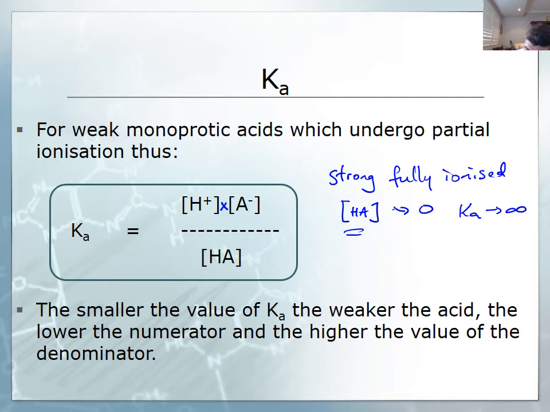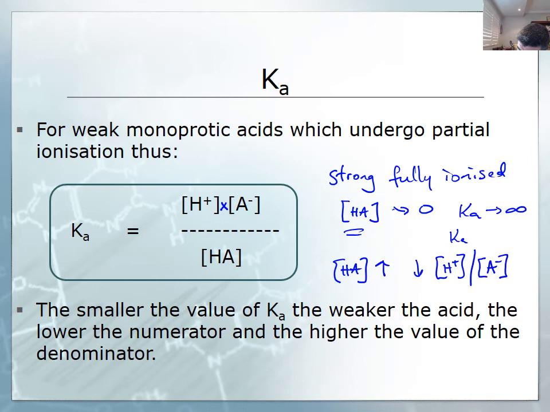Of course, if the value of the HA increases, so as this increases, we have less and less of the H plus and the A minus, and this means that our Ka value, as the denominator is getting bigger, the Ka is getting smaller.